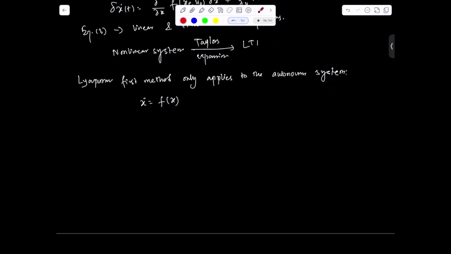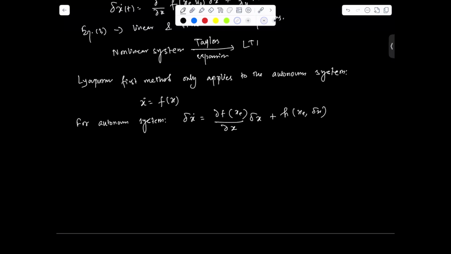So now, for an autonomous system, we can get the system delta x dot. We can easily write dou f at xc by dou x times delta x plus higher order terms, right?